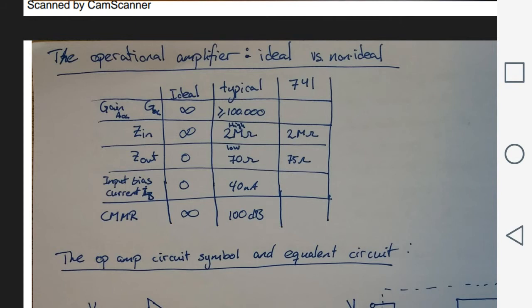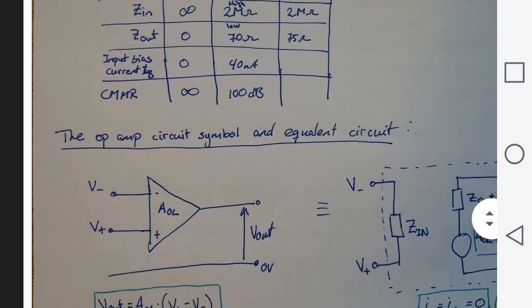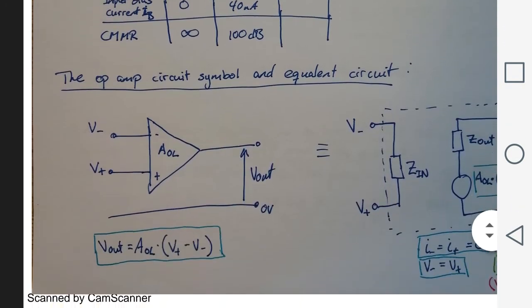Now, we have a schematic symbol and an equivalent circuit for the operational amplifier. To the left you have the schematic symbol, where you have this triangle with the minus and the plus input. The minus is the inverting input and the plus is the non-inverting input, and then you have the output for the output voltage.